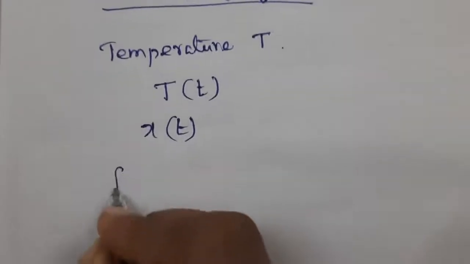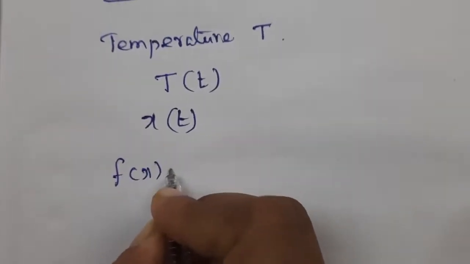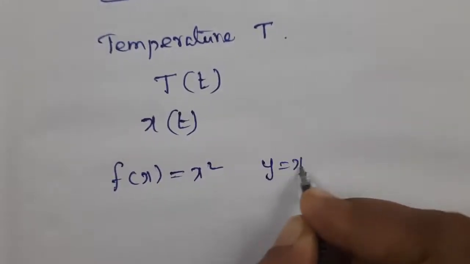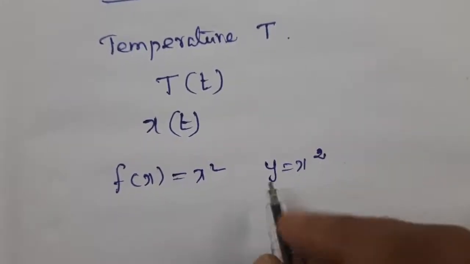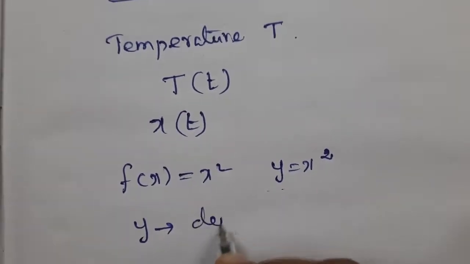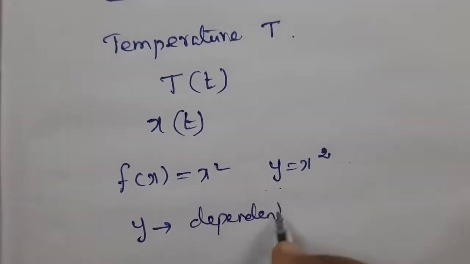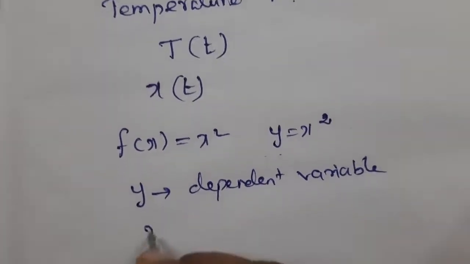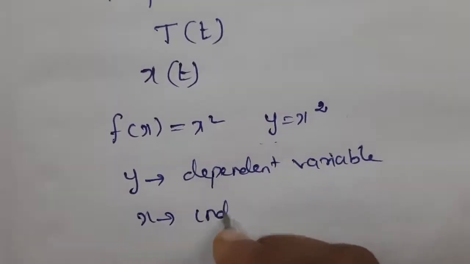Consider a function f of x equal to x square, or we can say y equal to x square. Here y is called the dependent variable and x is called the independent variable.